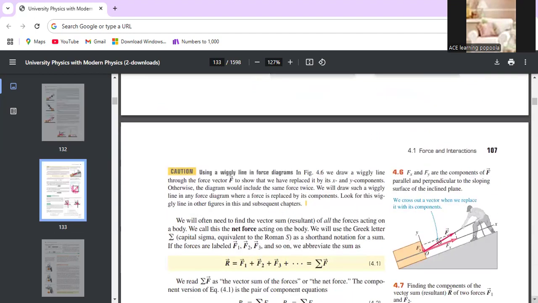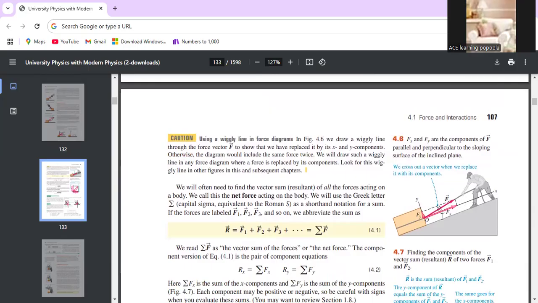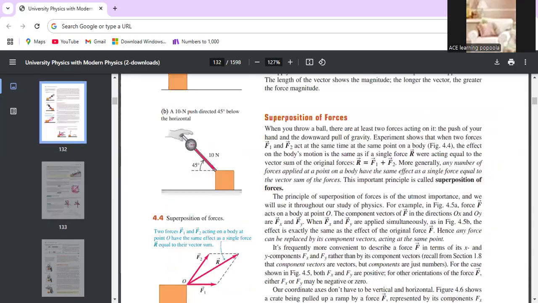Okay, so this is the figure I think they're talking about. This is a man who is pulling this box. So I think this is the crate they're talking about. So I want us to keep this diagram in mind. This is a man pulling on a crate or a box.